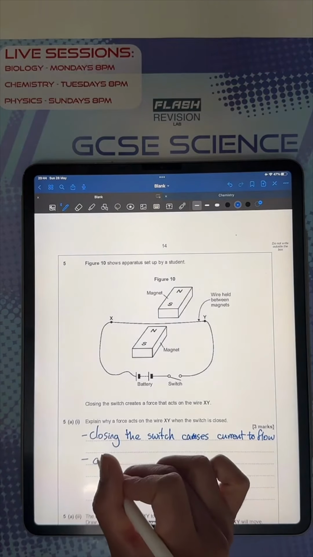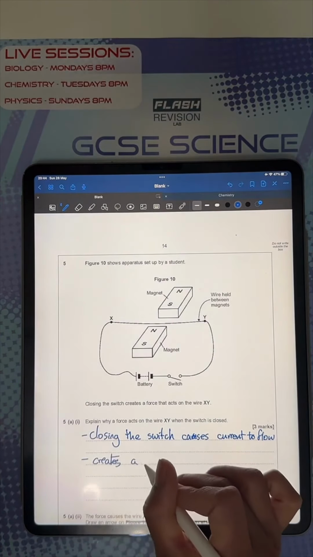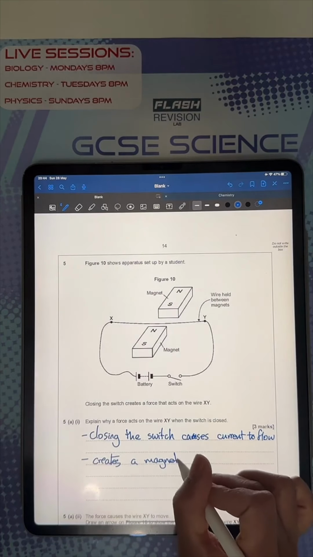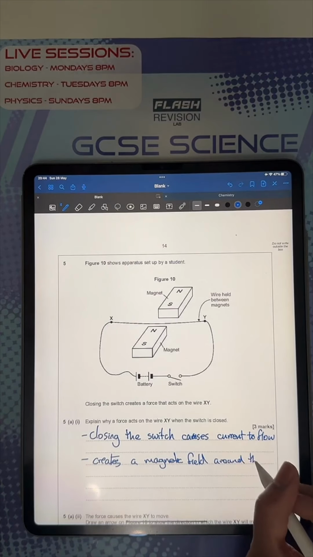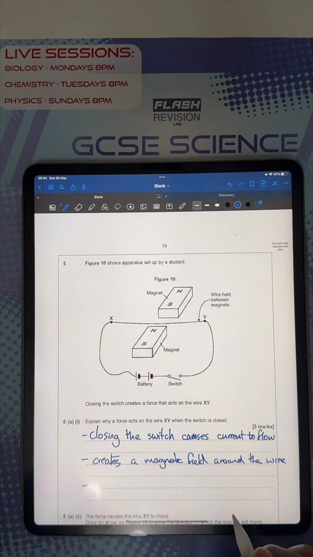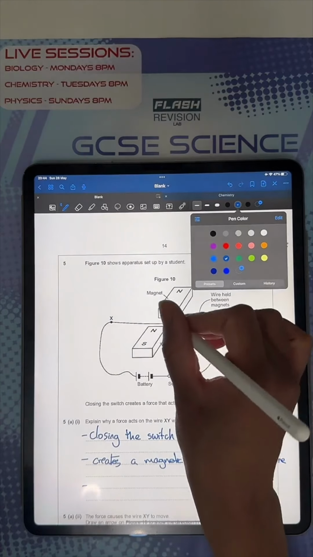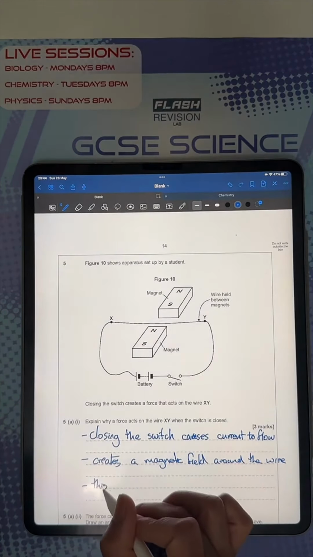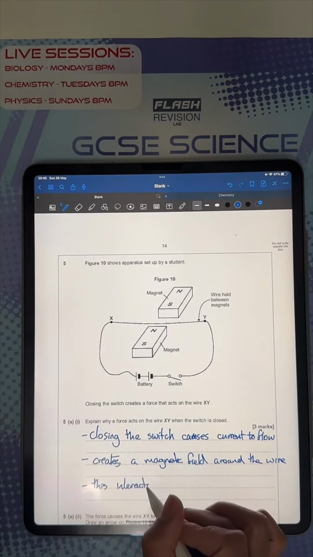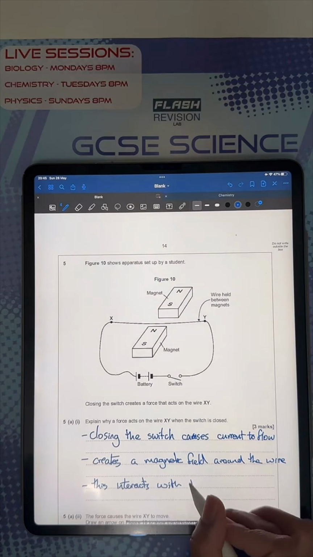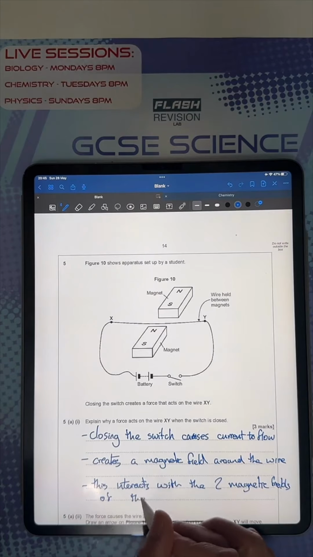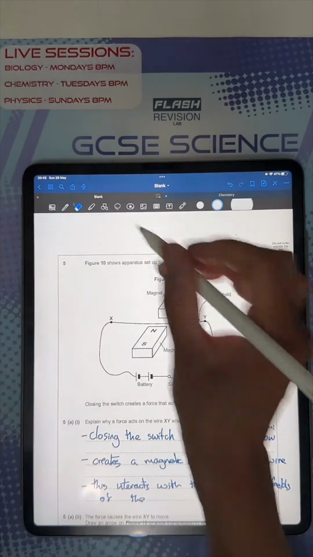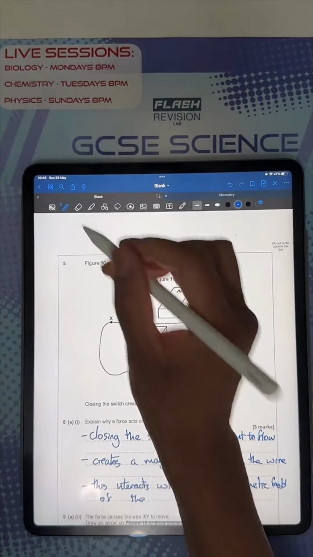This creates a magnetic field around the wire, and this interacts with the magnetic field of the two magnets.